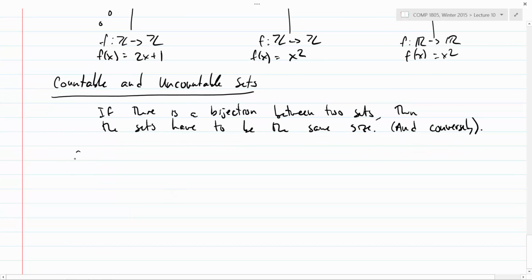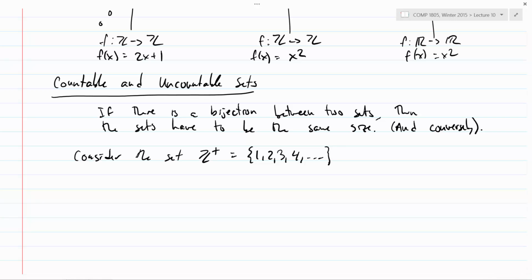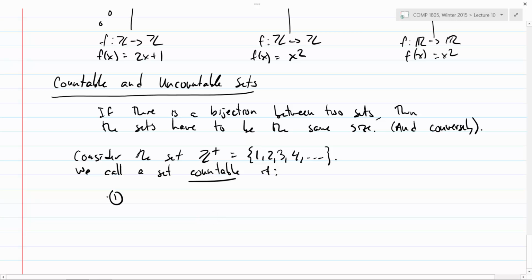All right, so consider one set. I'll call it Z plus. That's the set of positive integers. So it's 1, 2, 3, 4, and so on. Okay, that's Z plus. We call a set countable under two conditions. The first is if it's finite.